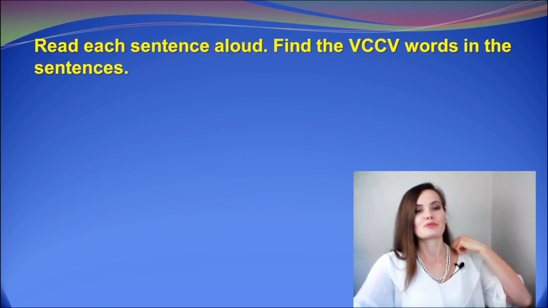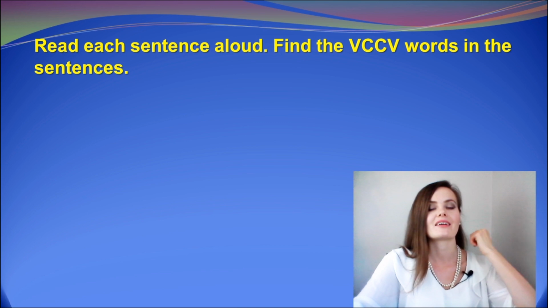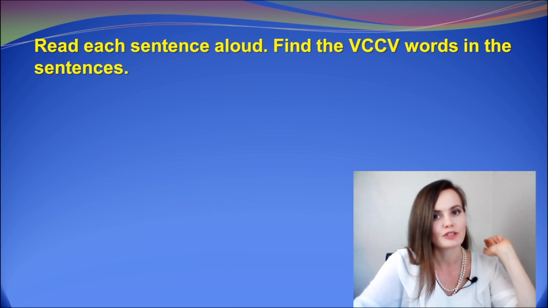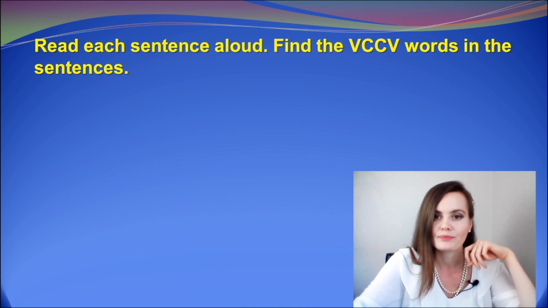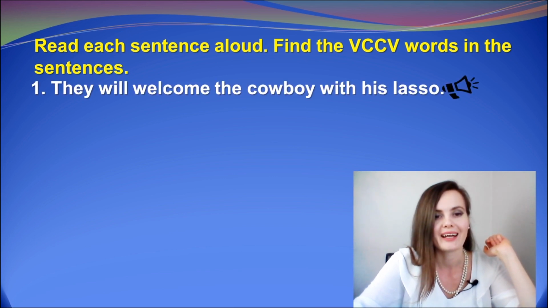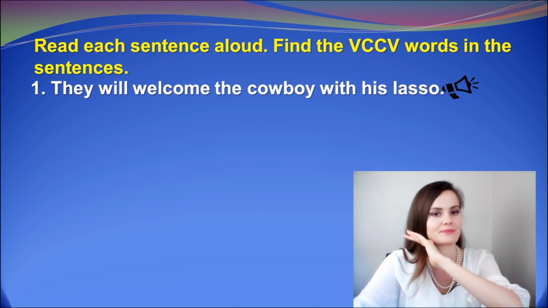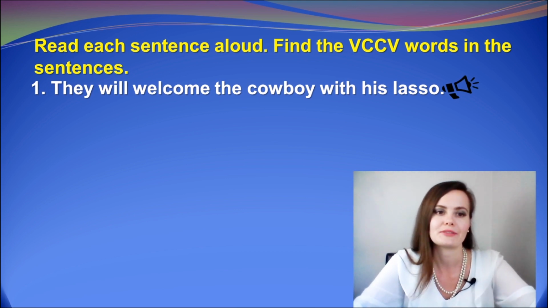So after we practiced how to read the VCCV pattern words, I want you to do this exercise. You need to read each sentence aloud. Find the VCCV words in the sentences. So this is the first sentence. I want you to read it.